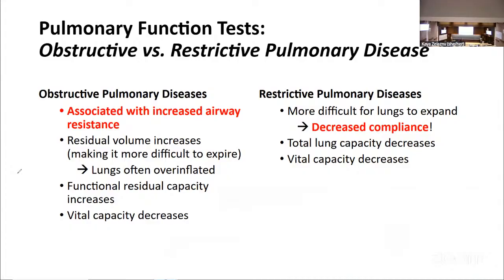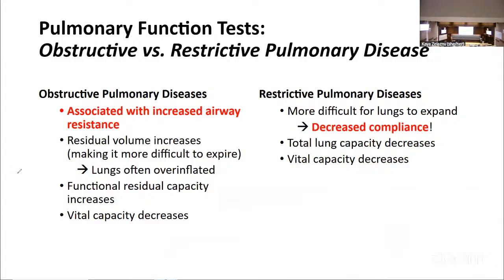Okay, so in our obstructive pulmonary diseases, like asthma, like COPD, we've got this trouble with resistance. It gets harder to move air out of the lungs because we're working with this narrowed pathway. So we often see that your patient or yourself, you're not actually breathing out all the air.